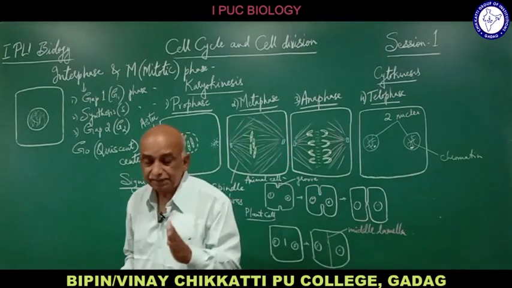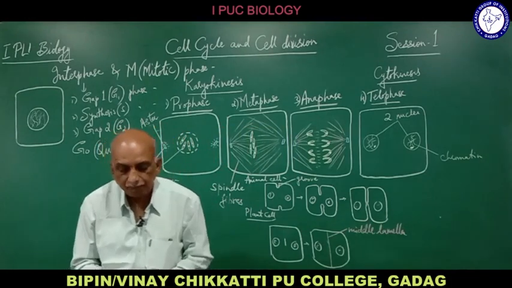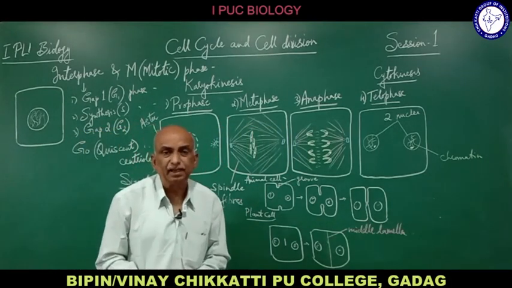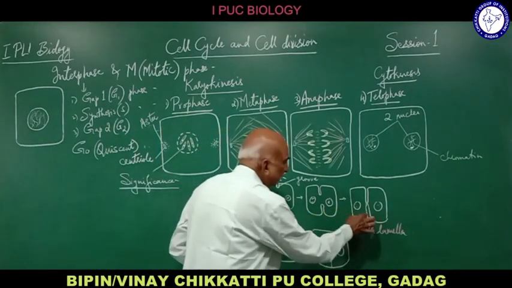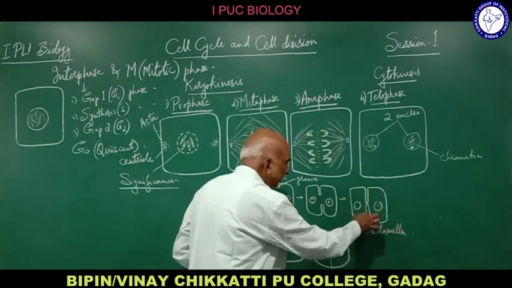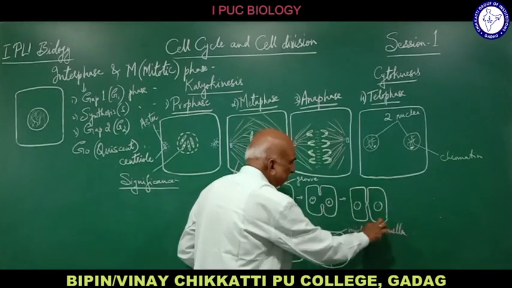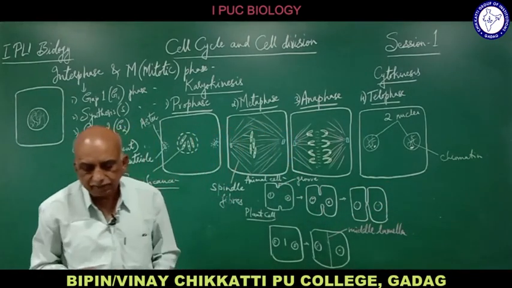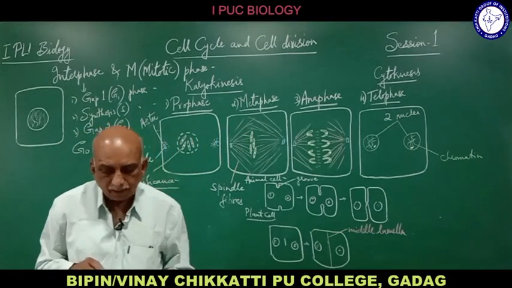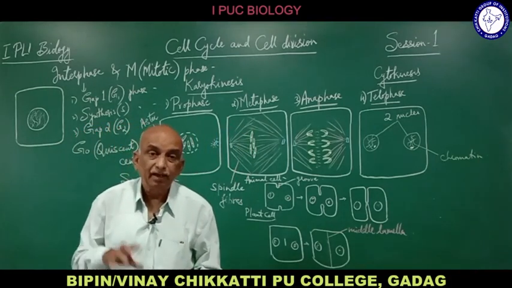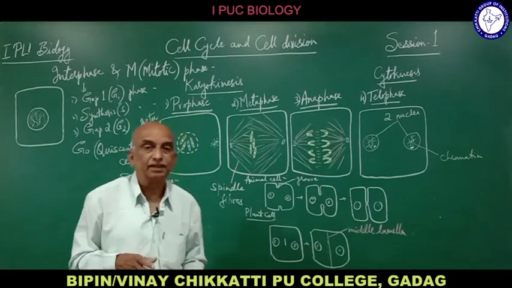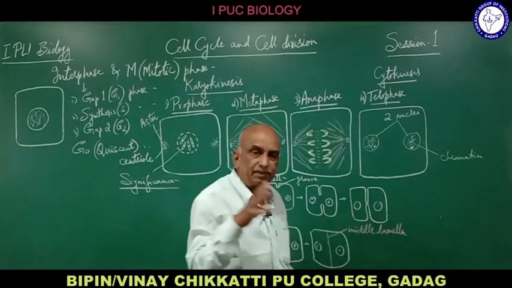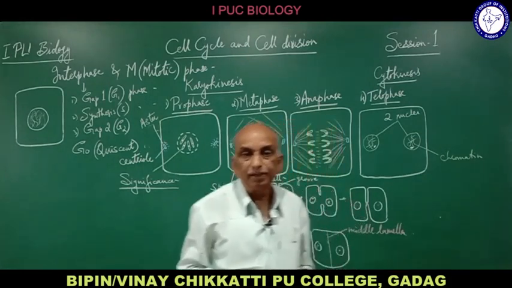So it maintains the cytoplasm and the cell surface area. So when this was there, the surface area will be reduced. So this was the size of the parent cell. So again this will increase, and there is maintenance of the proper surface area and the volume ratio of the cell. So the volume of the cell and the surface area, this ratio is maintained by mitosis.